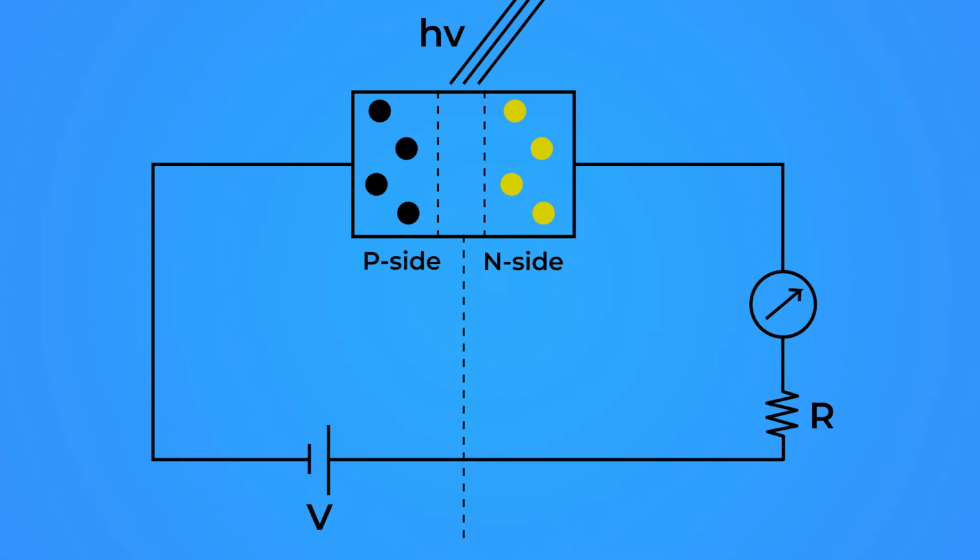In a reverse bias photodiode, we can easily observe the change in photocurrent with the change in radiation intensity. Hence, a photodiode can be used to detect optical signals.